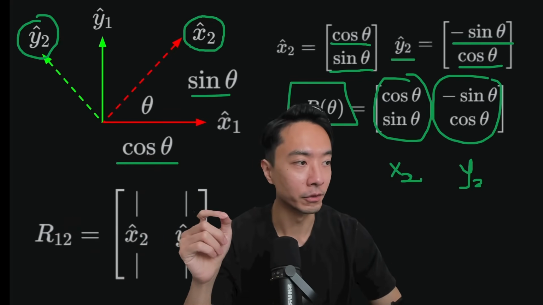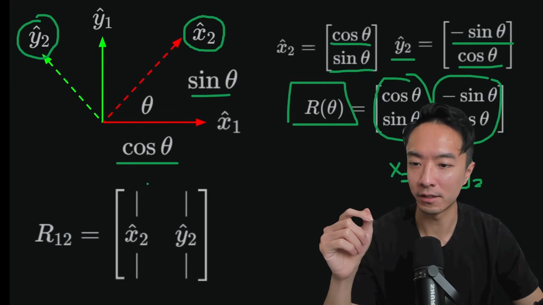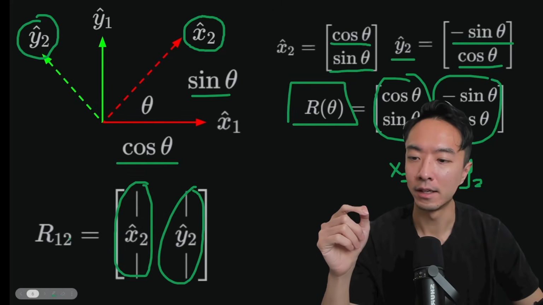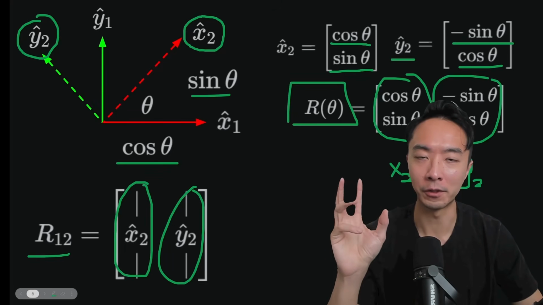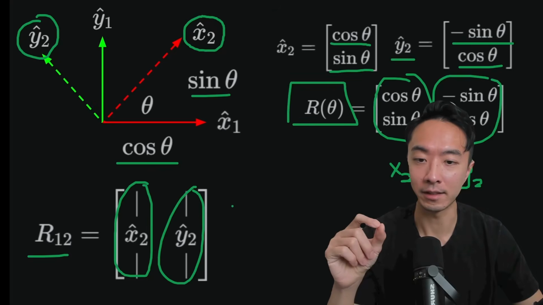So you can see right here, this is yet another representation. So these are the column vectors x2 and y2 hat. So you could sometimes see it in this notation R12, meaning going from frame 1 to frame 2. This is the rotation matrix that takes it there.